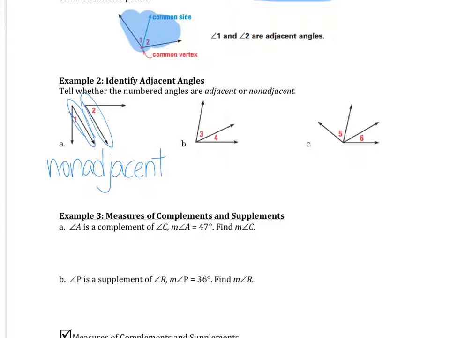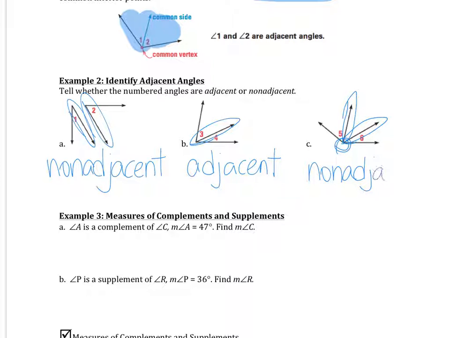In B, both angles 3 and 4 share that ray, so these are adjacent. Angles 5 and 6, 5 has that side, 6 has that side. While they have a common vertex, they do not share a common side, so these are non-adjacent.